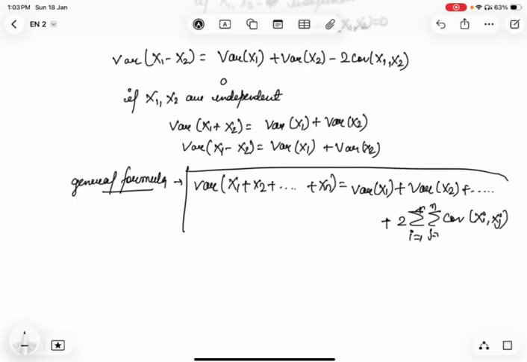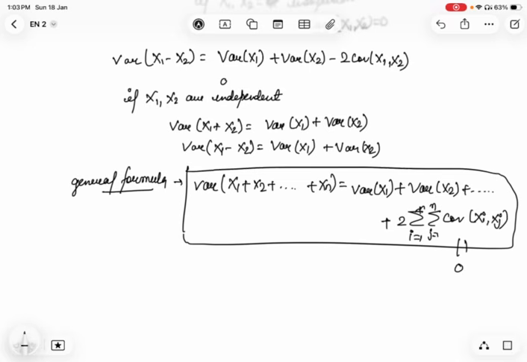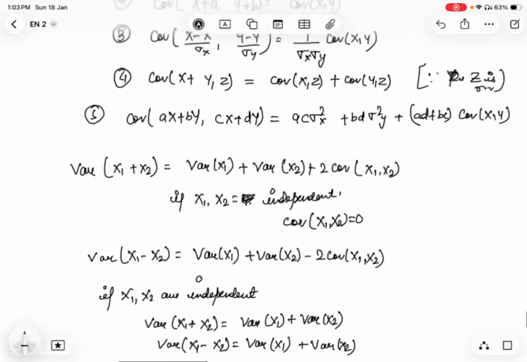So this is the general formula. Same here, if all the xi's are independent, then this term will be equal to 0. So by this I conclude my class.